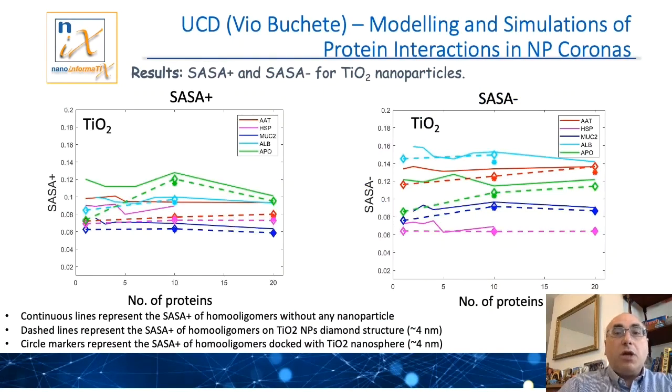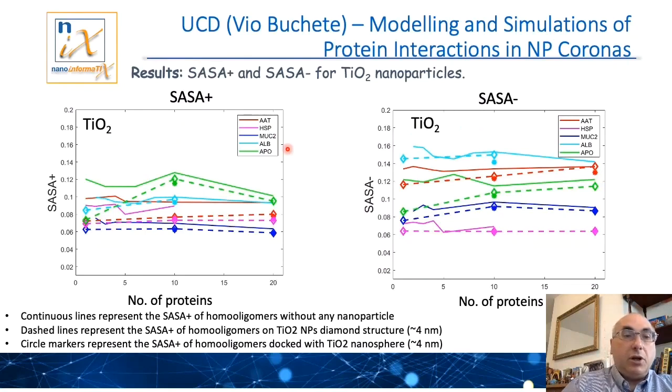So we can go even farther and calculate more detailed molecular descriptions of our corona protein-covered nanoparticles and focus, for example, on charged patches, from an average point of view: what is the average SASA value, the average solvent accessible surface area, that is positively charged or negatively charged for titanium dioxide.